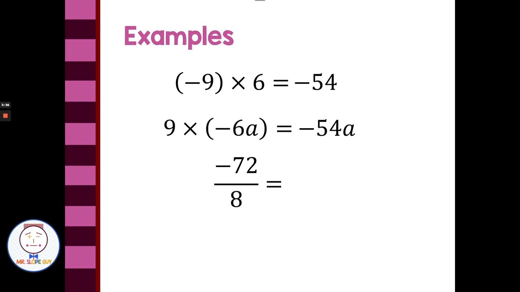Are the signs the same or different when we're dividing? Remember, fractions are just another way of writing division. Negative divided by a positive is negative. Different signs, negative answer for multiply and divide. 64 divided by negative 8, the signs are different, so the answer is negative. And 64 divided by 8 is 8, so 64 divided by negative 8 is negative 8.